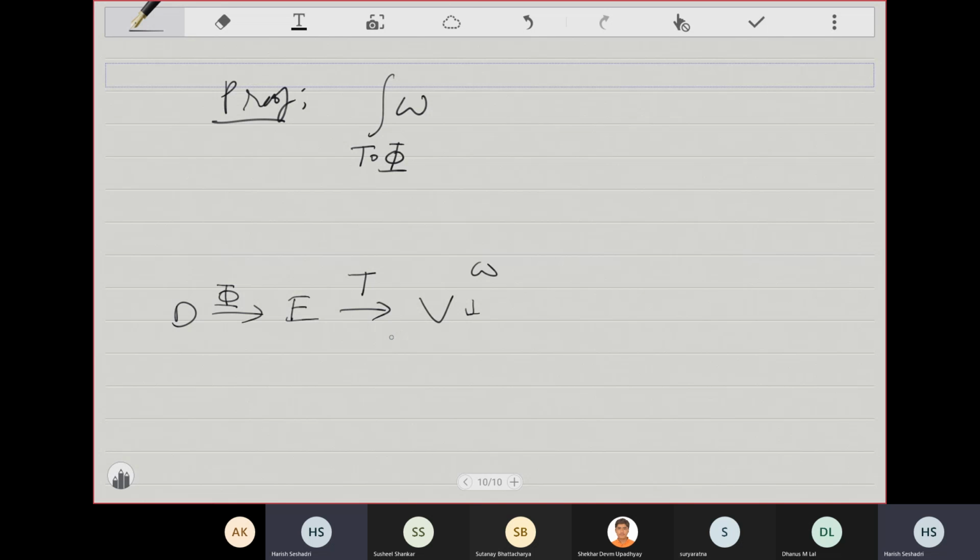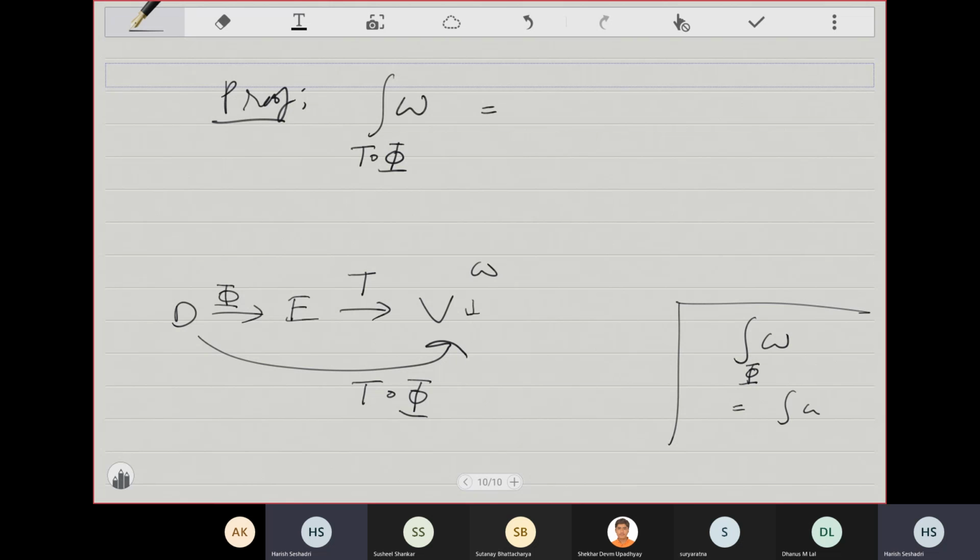So this is equal to, T composed with phi is a K surface here. Now, what had we proved in the main proposition? We said that the integral of omega over phi is the integral of omega phi over delta.